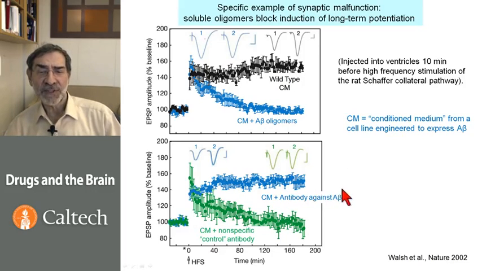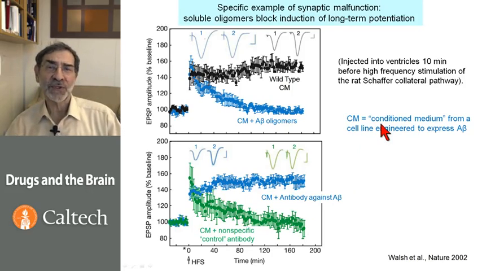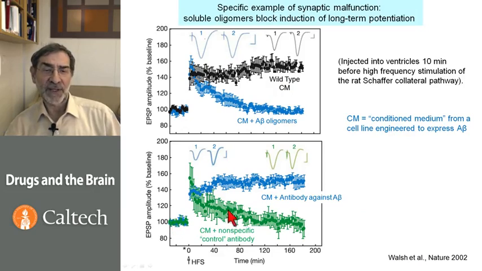Now, an example of the kind of control that one has to do in an experiment like this is to use an antibody against A beta. And so the experimenters, Walsh et al., do the same experiment, but now with an antibody to A beta, and they see no decrease in the EPSP, showing that, in fact, it was the A beta from the conditioned medium that was the important drug. And now if we use an antibody against another molecule, a sort of control nonspecific antibody, then the A beta oligomers survive.